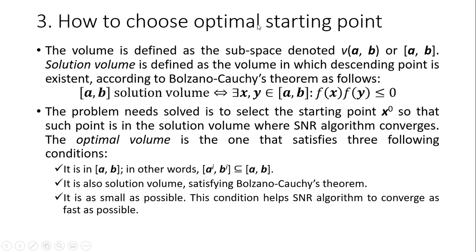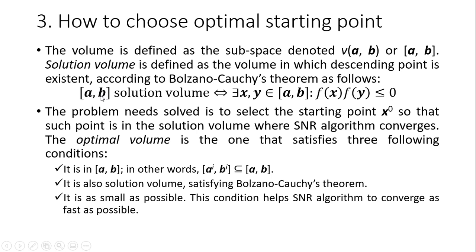How to choose the optimal starting point? The volume is defined as the subspace denoted V_AB, or the interval AB. Solution volume is defined as the volume in which the descending point exists according to the Bolzano-Cauchy theorem, as follows.